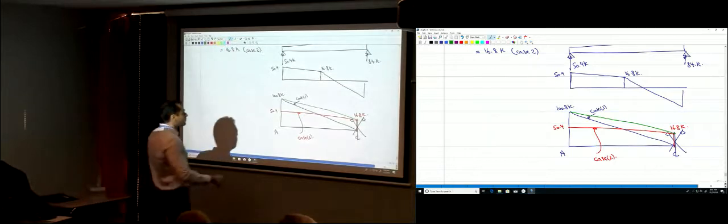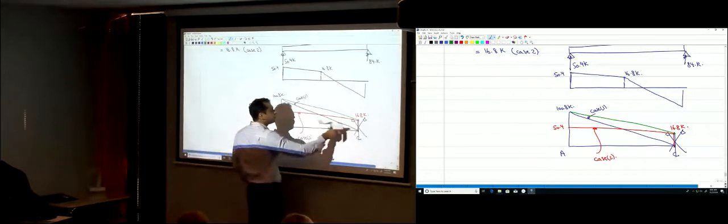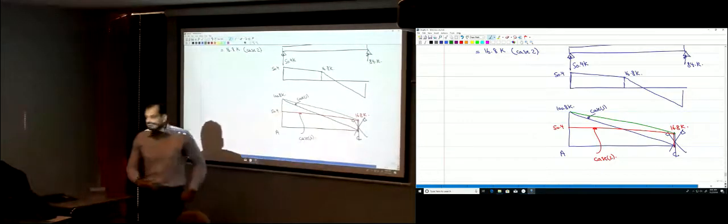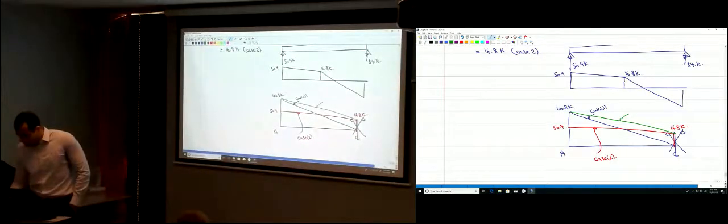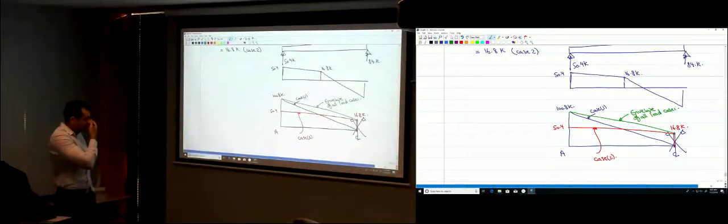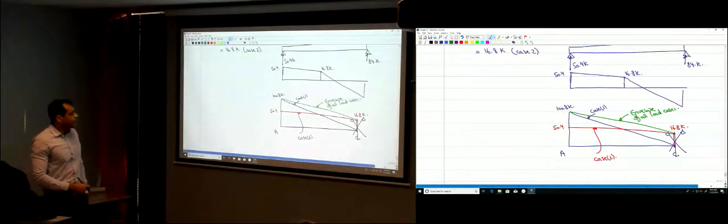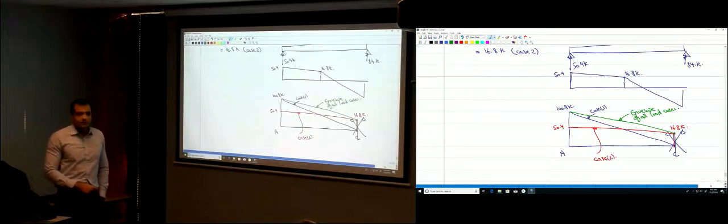So you design this for the envelope of all loading cases. So this green line is the envelope of all load cases. And that's what you should use for your design.